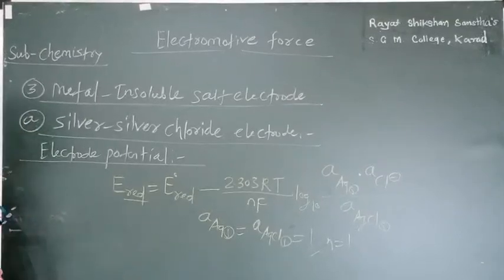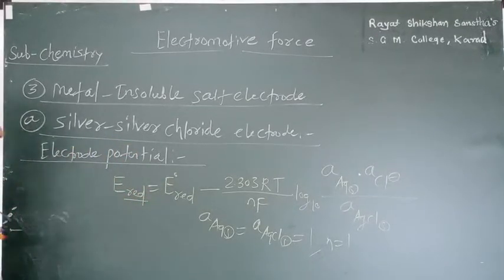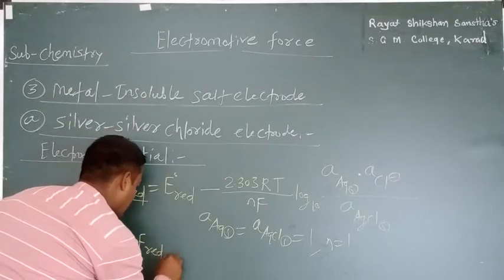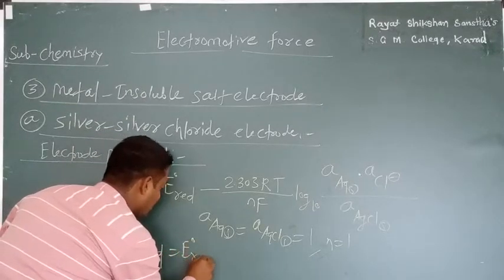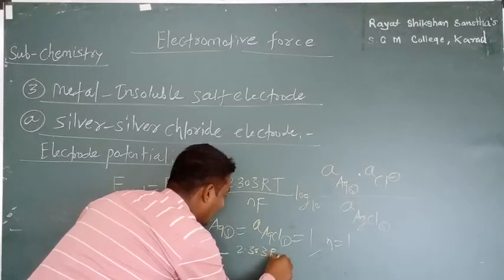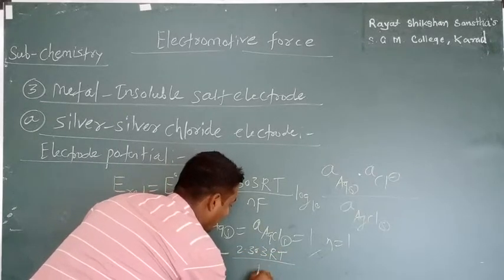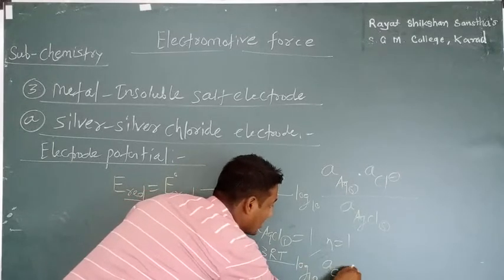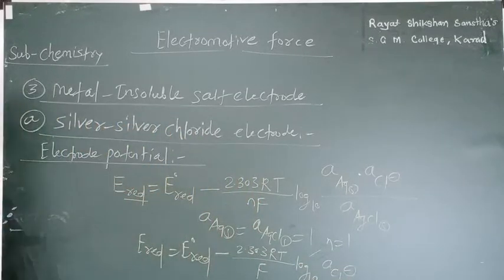By putting this value in the above equation, we will get E reduction equals E0 reduction minus 2.303 RT divided by F log to the base 10 activity of Cl minus.